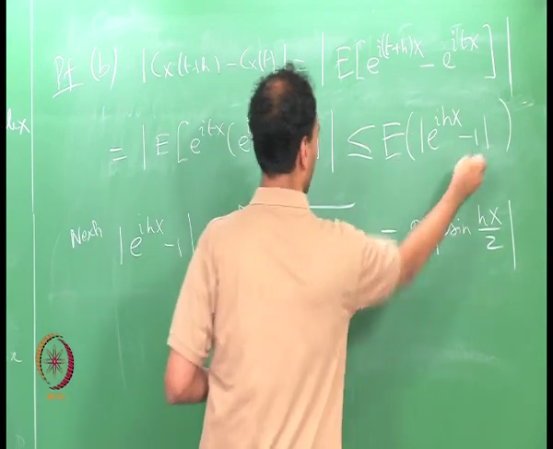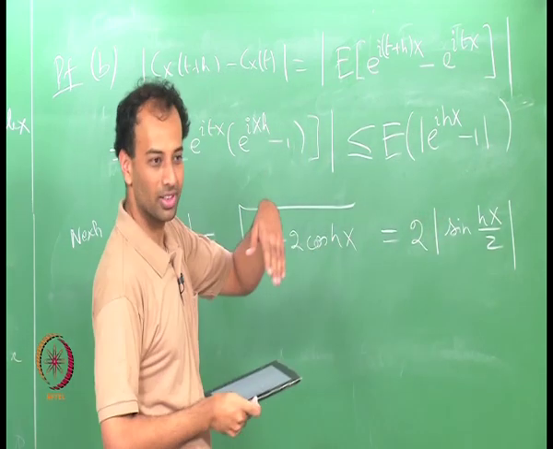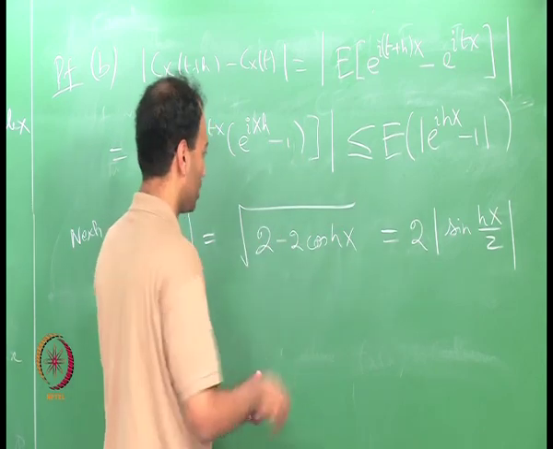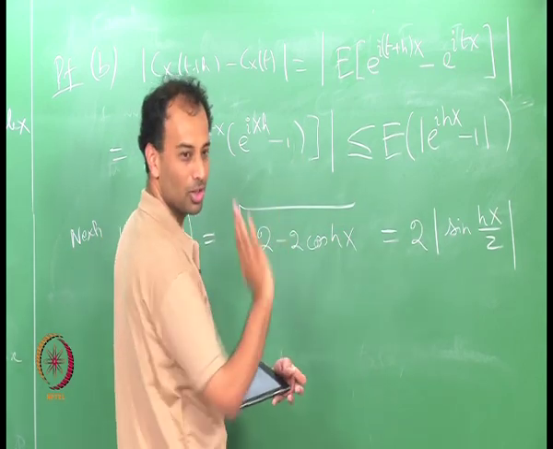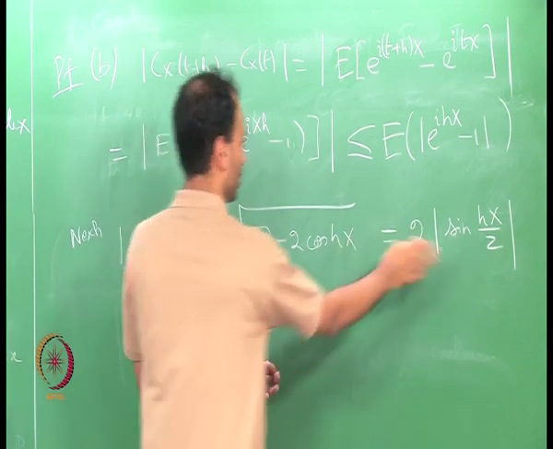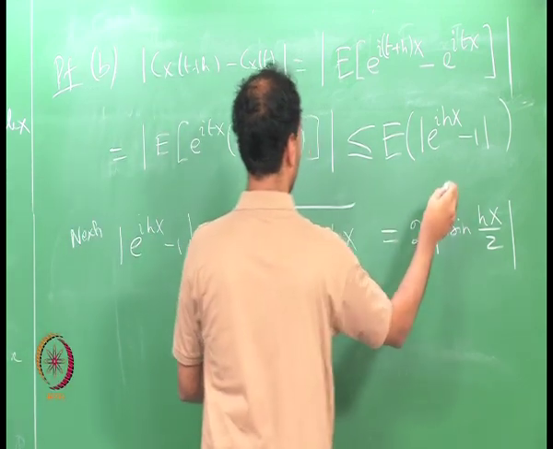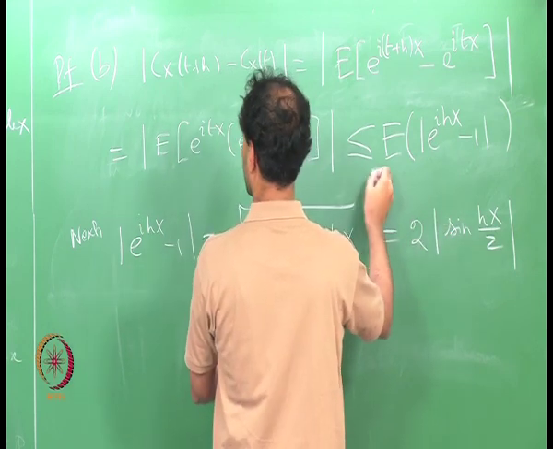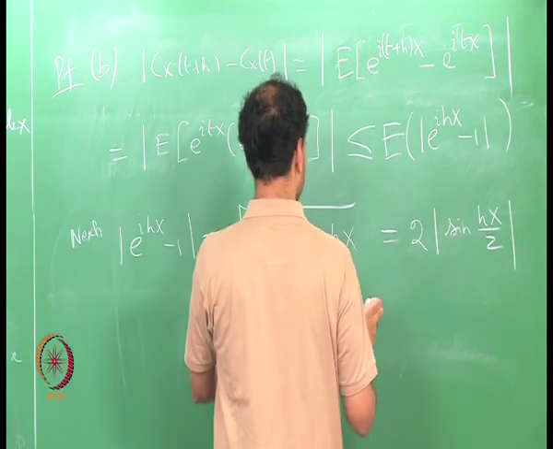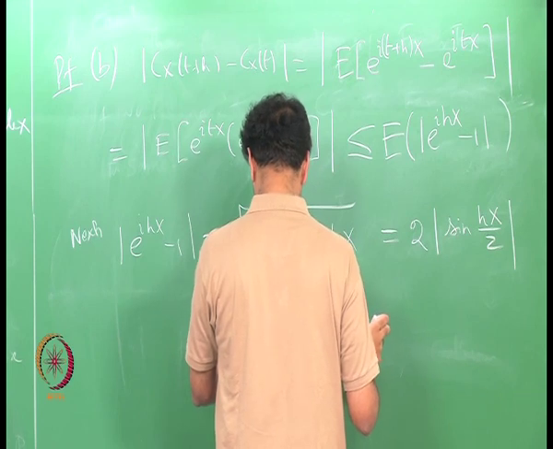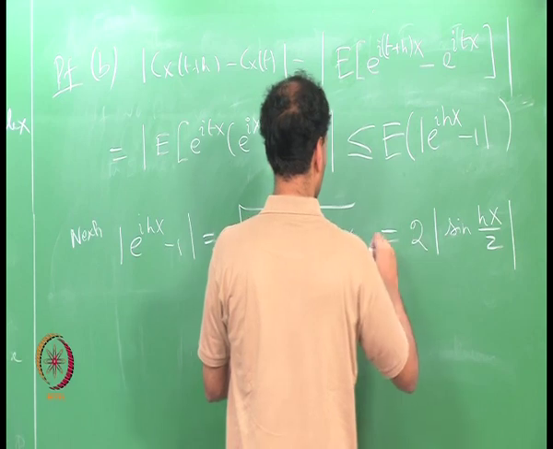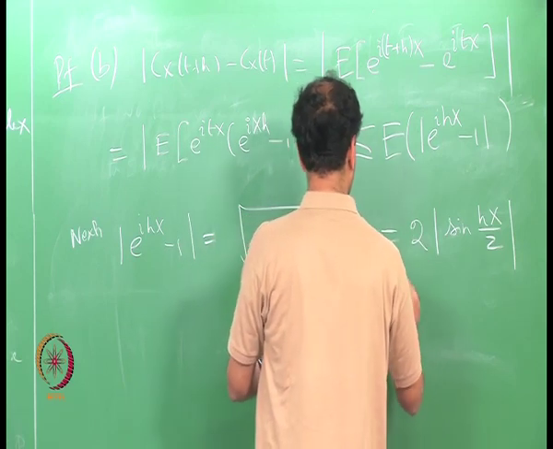The absolute value of a complex number is the square root of the real part squared plus the imaginary part squared; simplify using sin squared plus cos squared equals 1, and you end up with this. So, essentially this is less than or equal to 2.